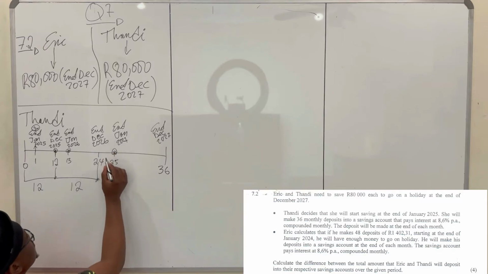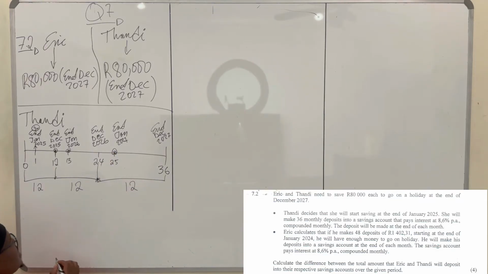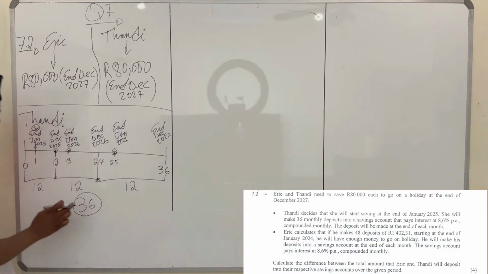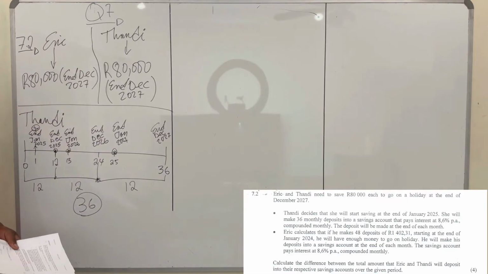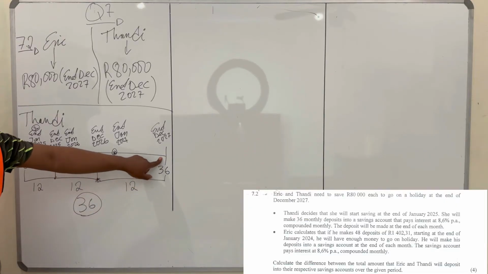Another year, the new year 2027, starts here and ends there. She made 12 payments there as well. So in total, she made 36 payments. 12 payments, 12 payments, 12 payments. It all adds up to 36 payments that she wants to make into her account. So the last payment will be made exactly on the month she's supposed to go on this trip. That's what they're telling us.